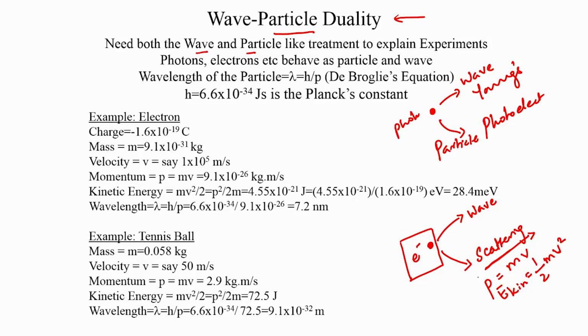Just like how you can define the particle attributes of the electron, we need to also identify the wave like attributes of the electron. So what is the wavelength of an electron?